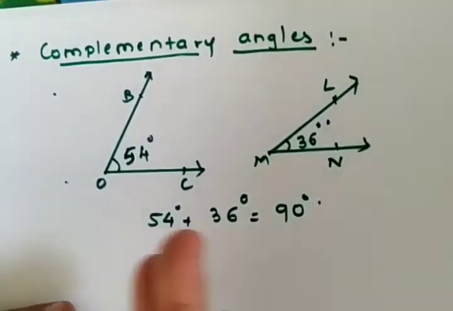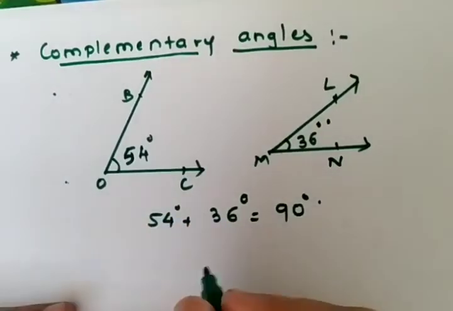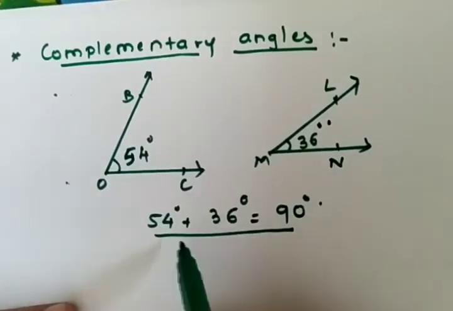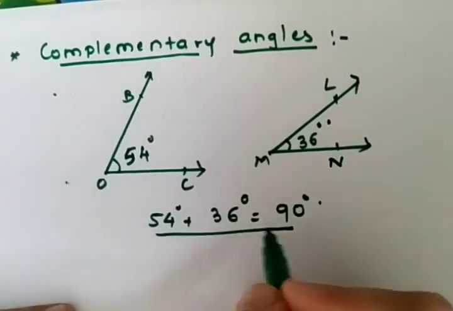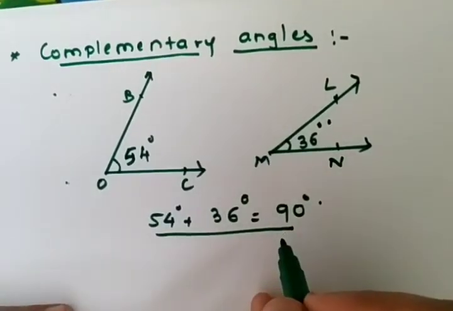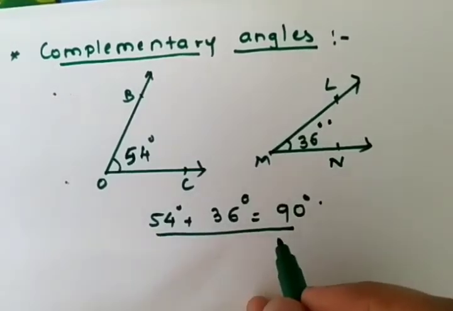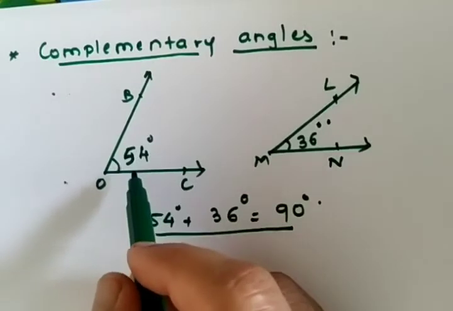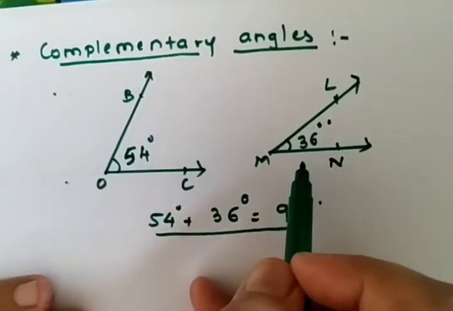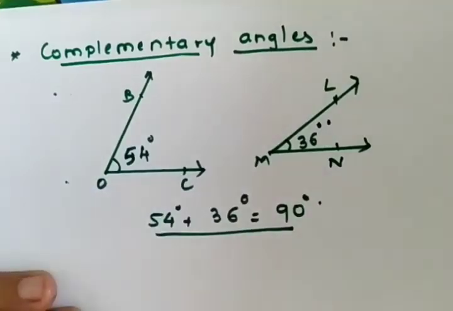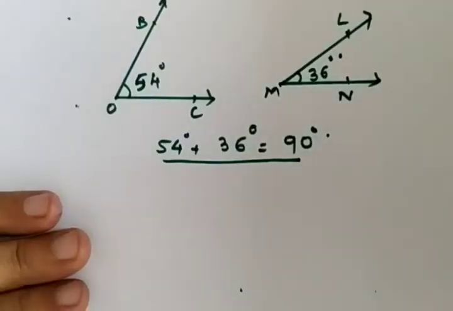So these are complementary angles, right? Why are these said to be complementary angles? Because the addition of these two measurements is 90 degrees. So two angles are said to be complementary if the sum of their measures is 90 degrees. So the complement of 54 is 36 and the complementary angle of 36 is 54. Clear? So they are complementary to each other.